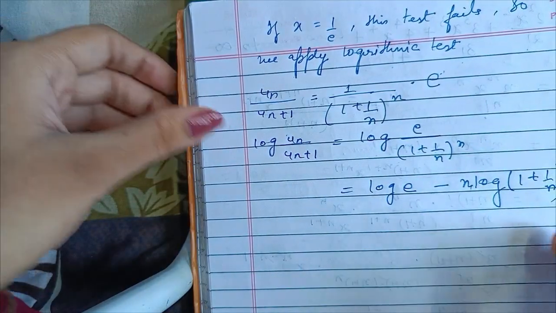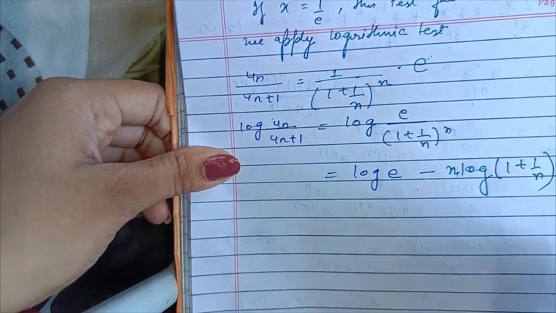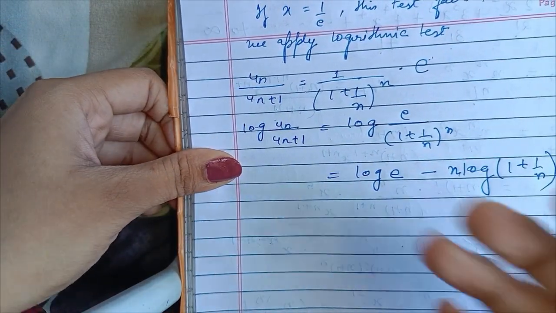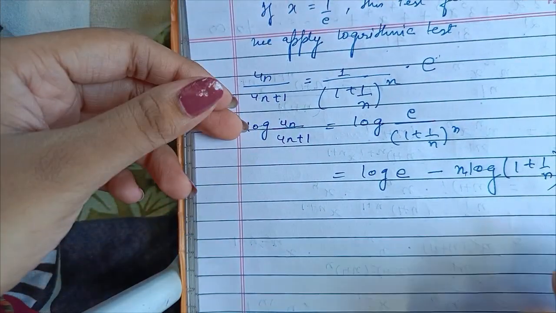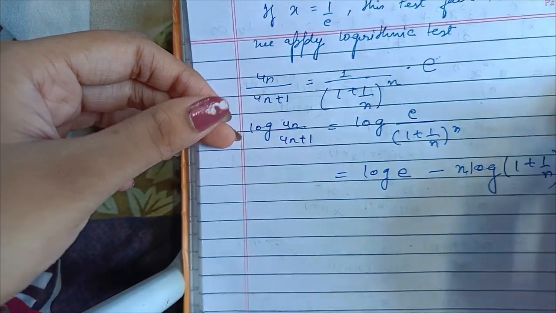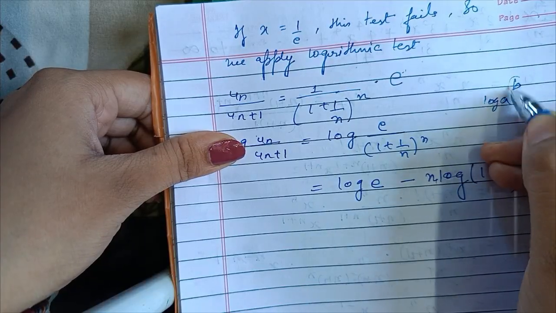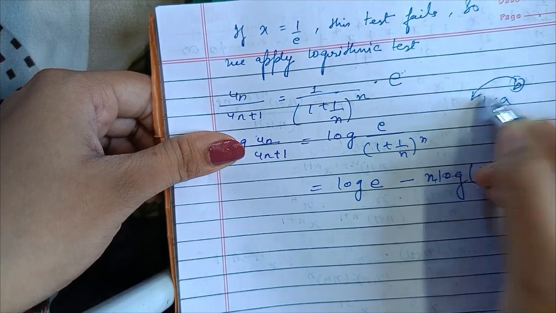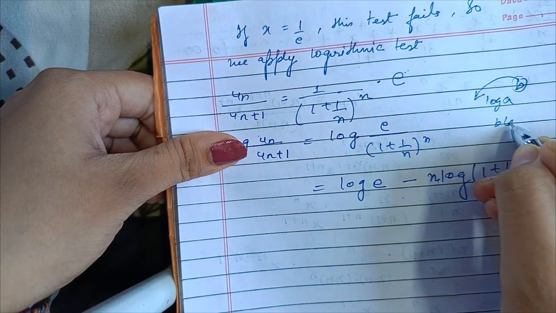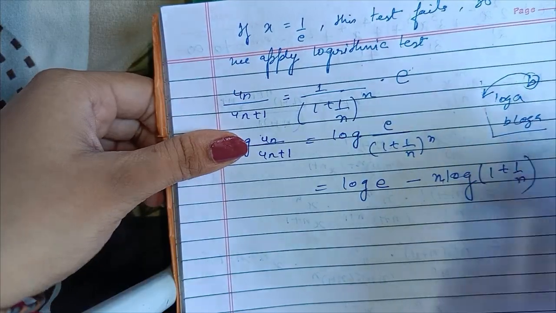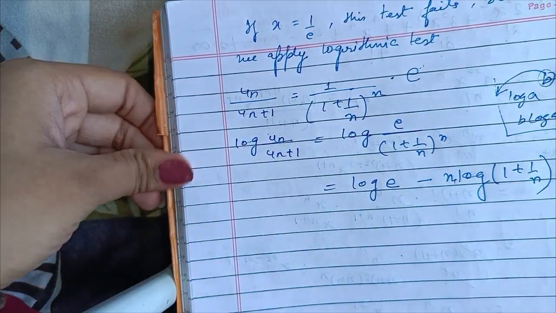I simply put the formula of log a by b, that is log a minus log b, and when you have log a to the power b, this b just comes before log, so b log a. It's nothing but the properties of log that I have applied over here.